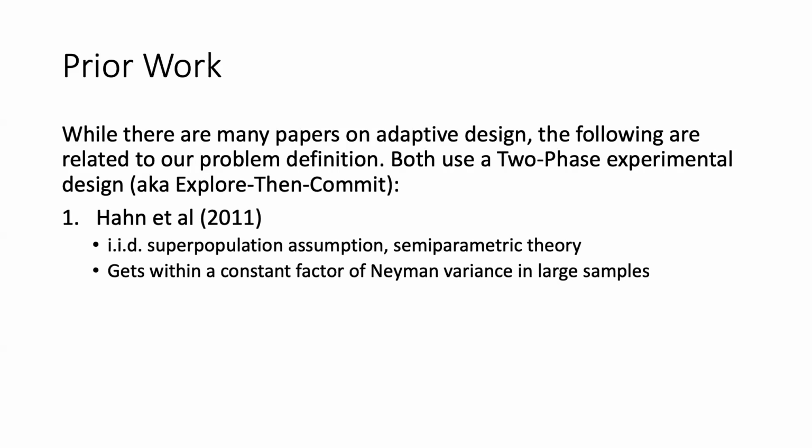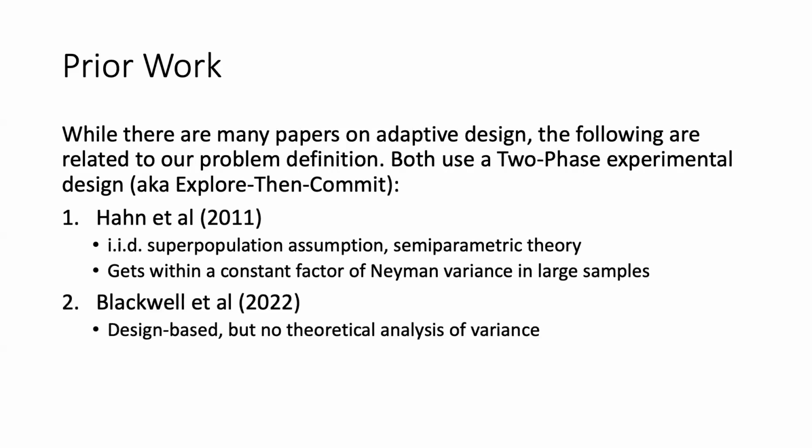And they can show they can get within a constant factor of the Neyman variance in large samples, but they're not going to achieve the Neyman variance. To be fair, their paper is focused more on the validity of certain inferential procedures, not on attaining this Neyman variance per se. Now, Blackwell et al. last year take a design-based approach, again putting forth this 2-phase design, but there's no theoretical analysis of what the variance is.